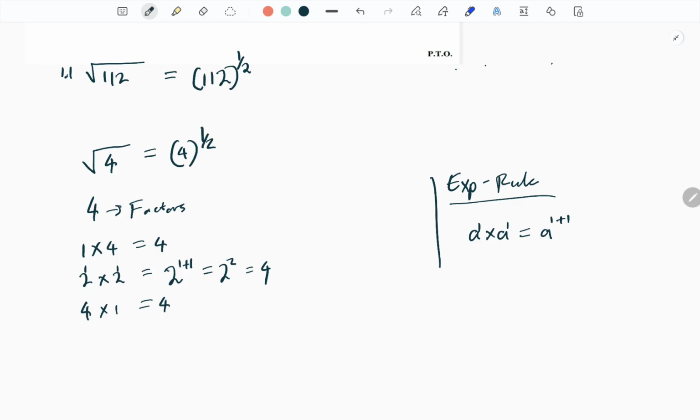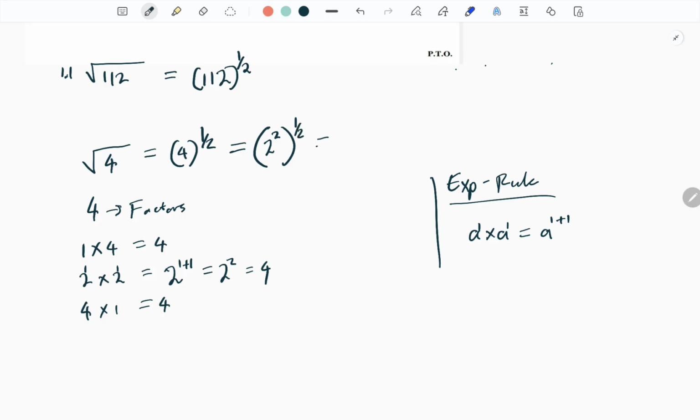Now what can we say? We can say this is also the same as, now I'll rewrite 4 as 2 times 2. And since the base is 2, we can add the exponents, and then 2 to the power 2. So that means we can write 2 to the power 2. Remember, everything is raised to the power 1 over 2, right?